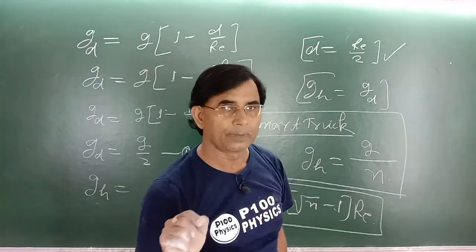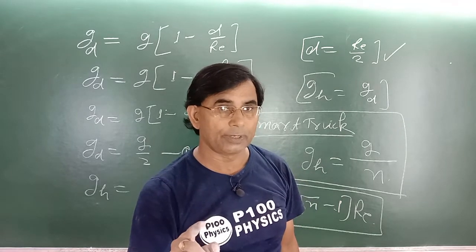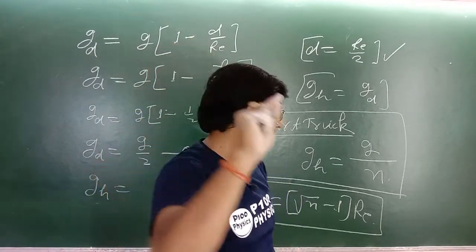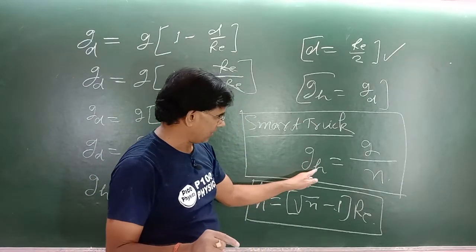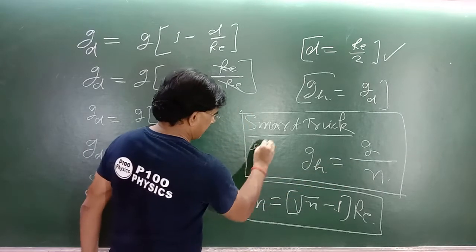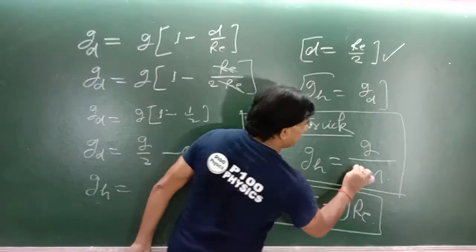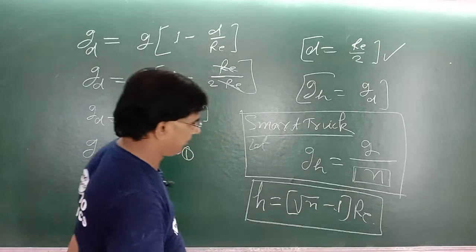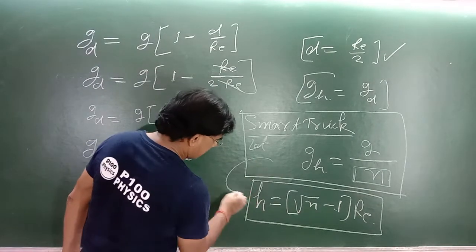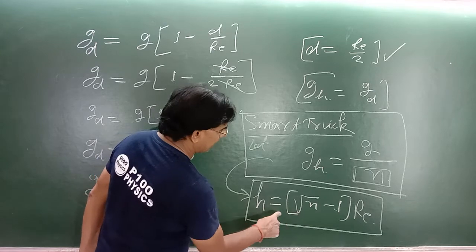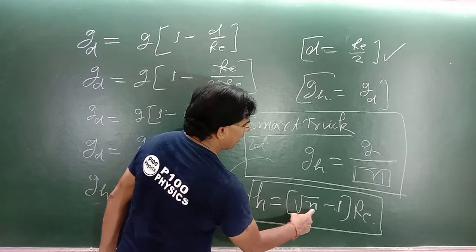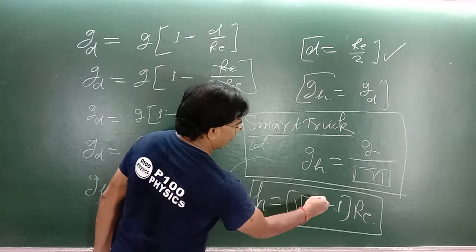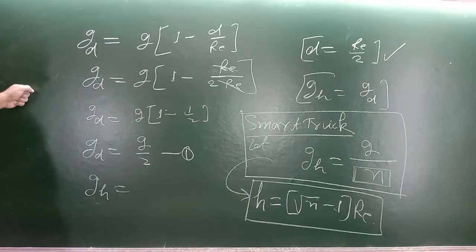Since you know that, let the acceleration due to gravity at height h be gh equal to g by n. n is an integer, any number, or it may also be a fraction. Then with a smart trick, you can directly determine h equal to root n minus 1 in the bracket, into Re. Keep in mind, 1 is not under the root; the root is only on the n.